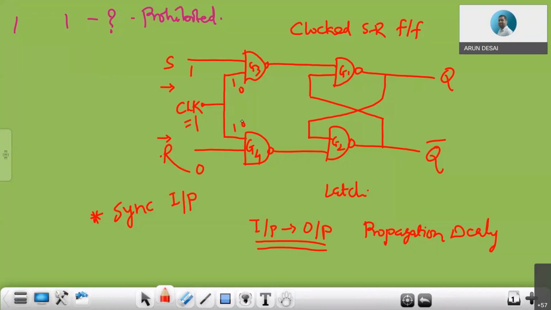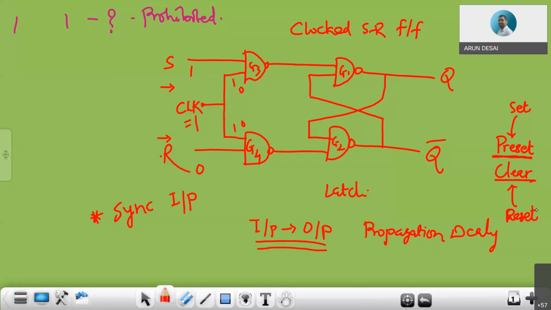Again, this SR flip-flop or clocked SR flip-flop has two more inputs, which are called preset and clear. Preset is the input which actually sets the flip-flop, and clear is the input which actually resets the flip-flop. Those are asynchronous inputs.